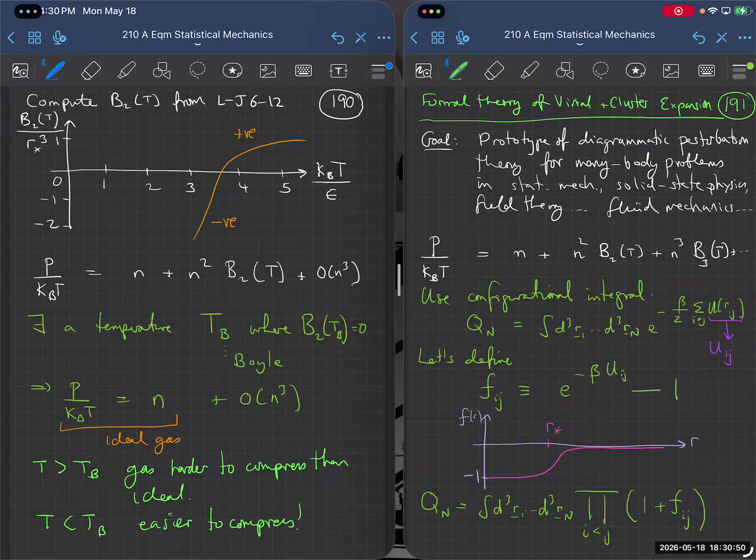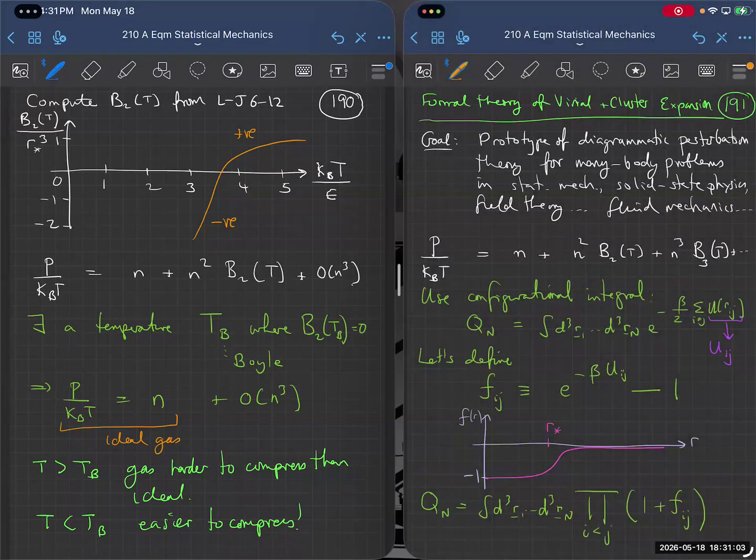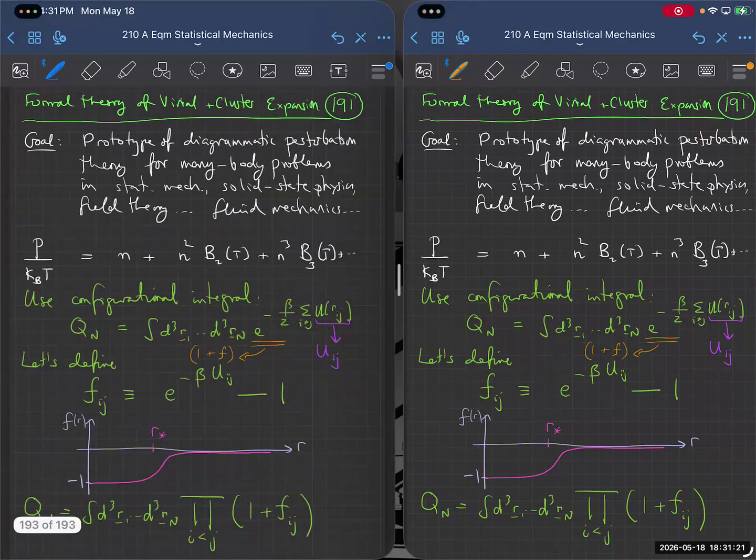So it's equal to the product of those, because e to the minus beta u is 1 plus f. This thing over here is equal to 1 plus f. And then because I've got the sum over u's, that is then the product. And so I get just something like that. So that's what the thing equals.